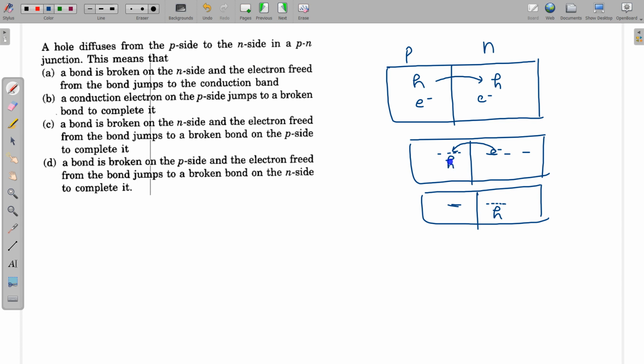So the hole was initially here, and finally it is here. So the hole is diffused from p to n in this fashion. The electron is freed from this bond on the n side and jumps to fill this vacancy, and now a vacancy is created on the n side. So obviously option C is correct.